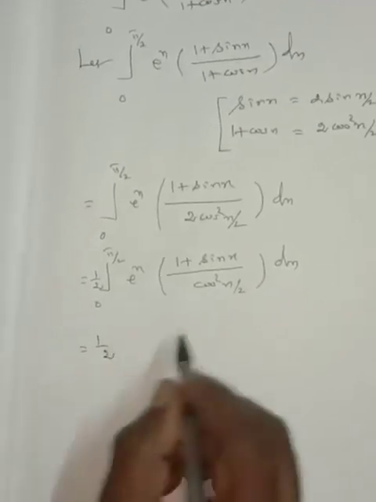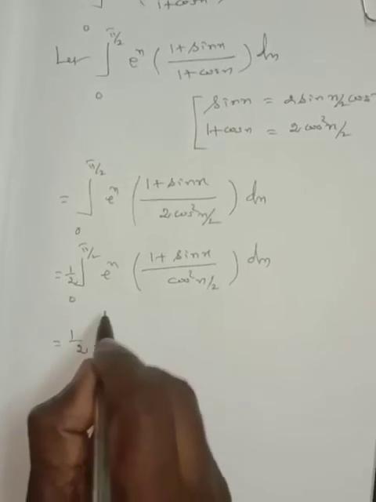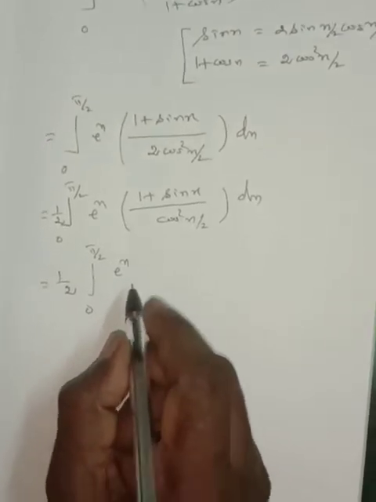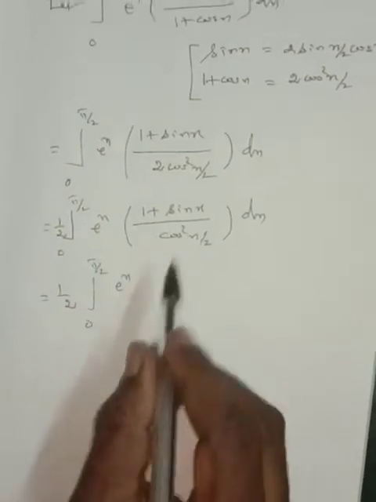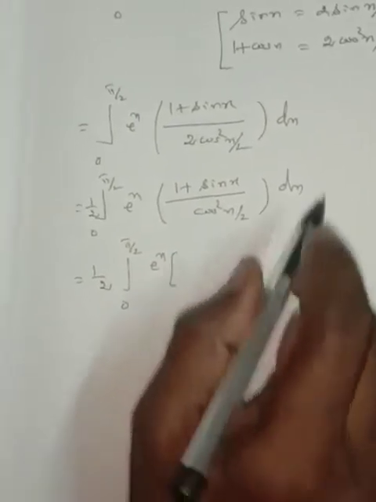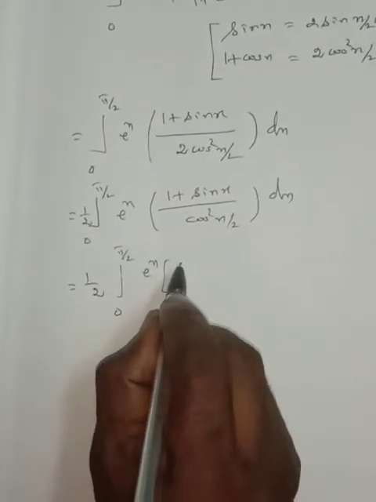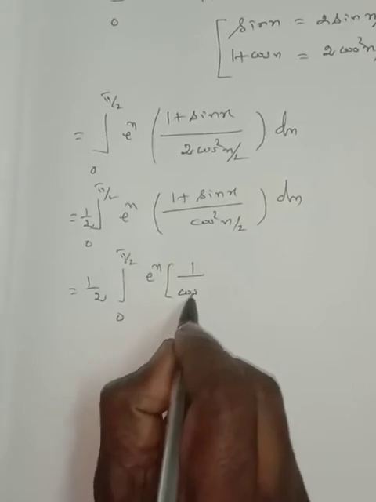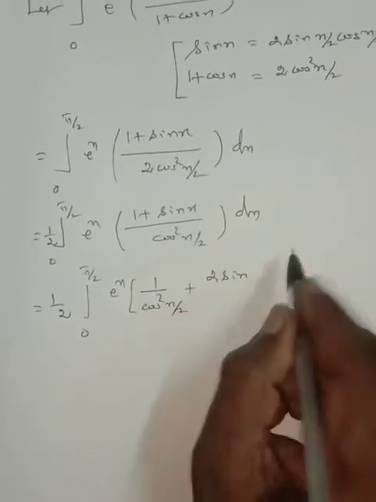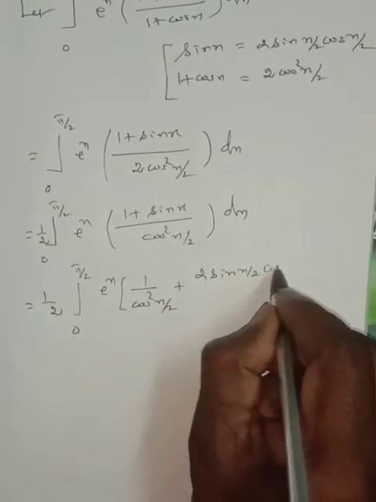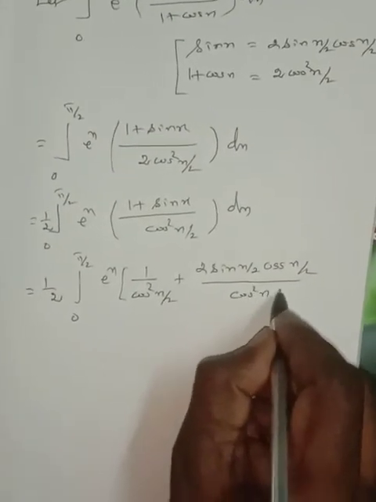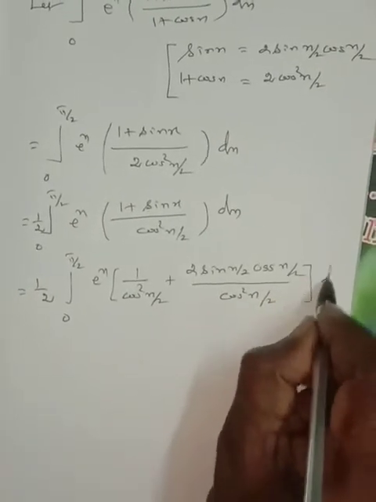1 by 2 integral 0 to pi by 2 e to the power of x, bracket 1 by cos square x by 2 plus 2 sin x by 2 cos x by 2 divided by cos square x by 2, into dx.